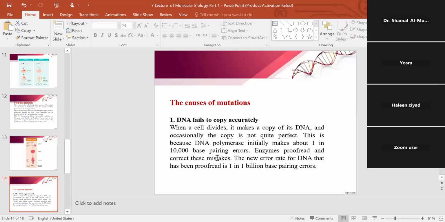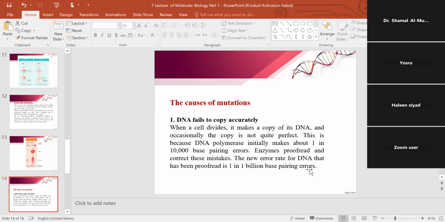It comes back and corrects the mistakes if they happen. The new error rate for the DNA that has been proofread is 1 in a billion base pairs.